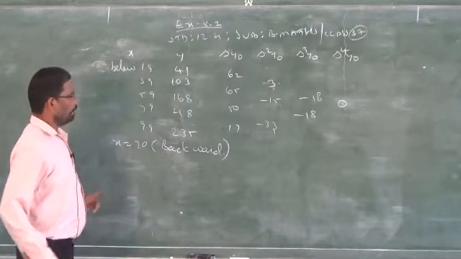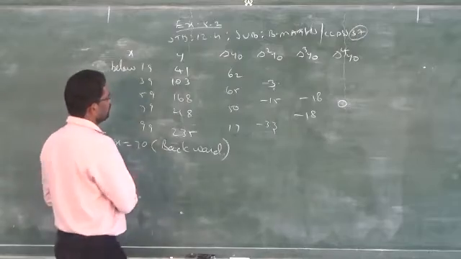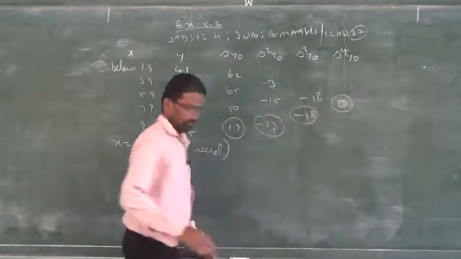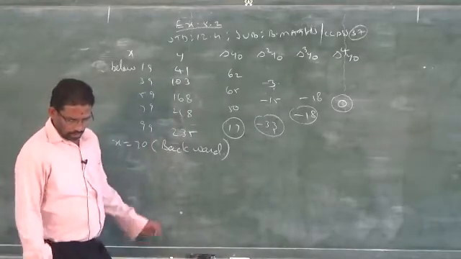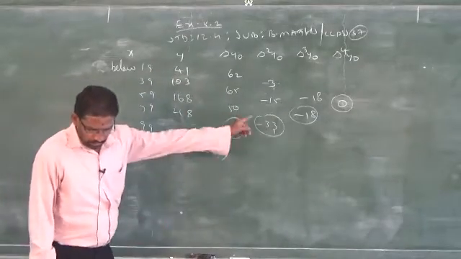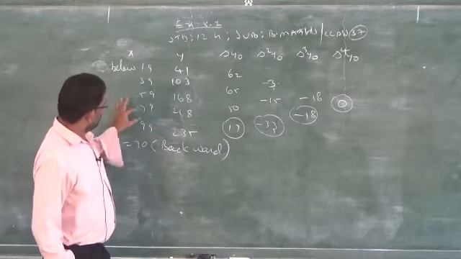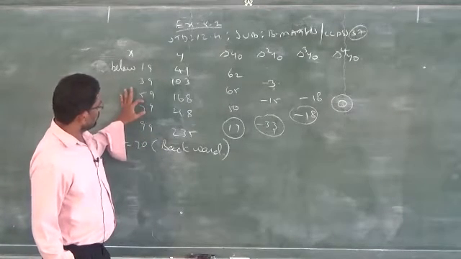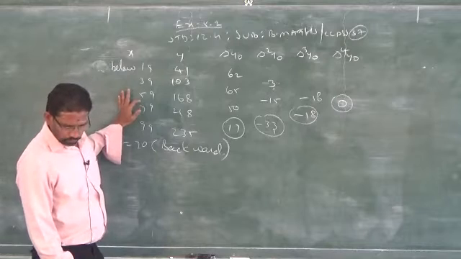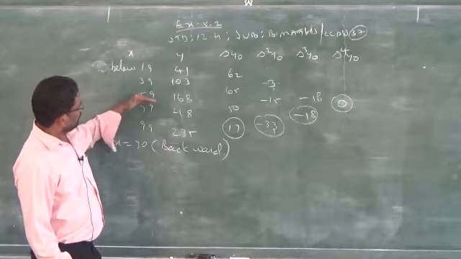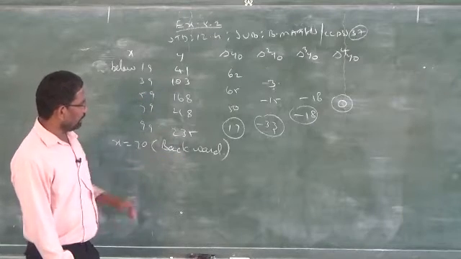Therefore, you can take the backward formula. You have to circle this less than 70 for the backward formula.